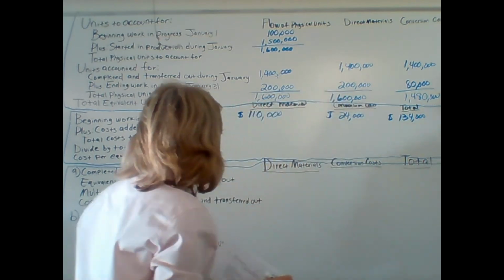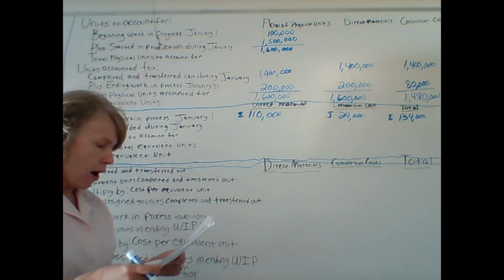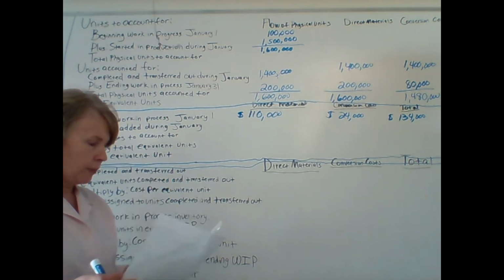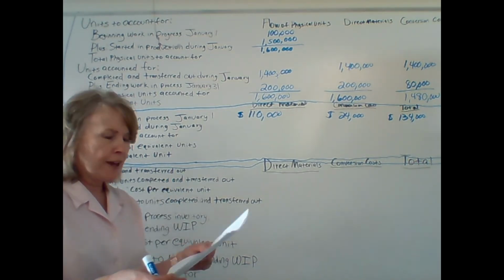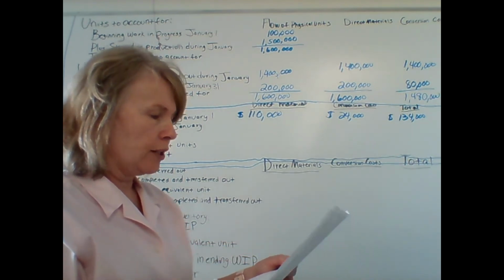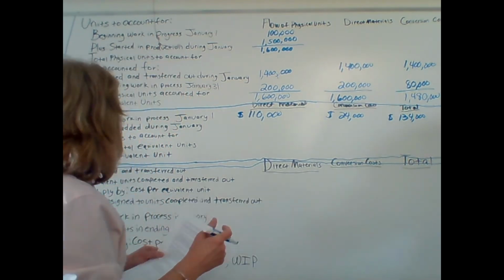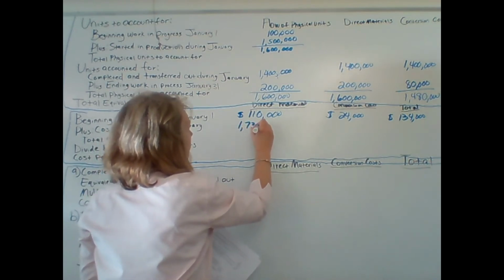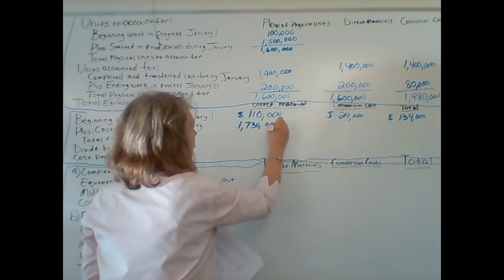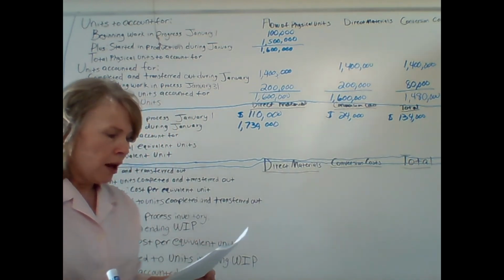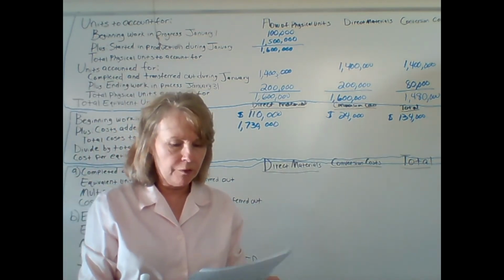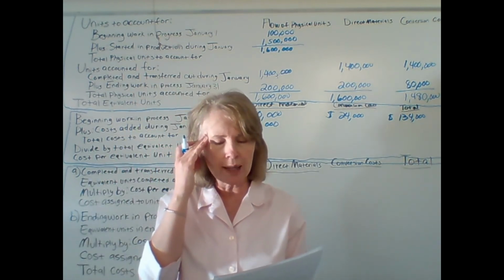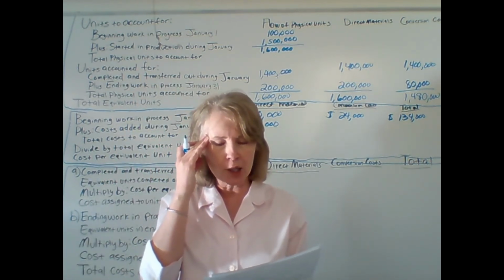Okay? All right, now, plus costs added during January. So I look back at the problem. Manufacturing costs during January, direct materials used are 1,730,000. Okay? How much were the conversion costs? They give me the individual totals: direct labor and manufacturing overhead.